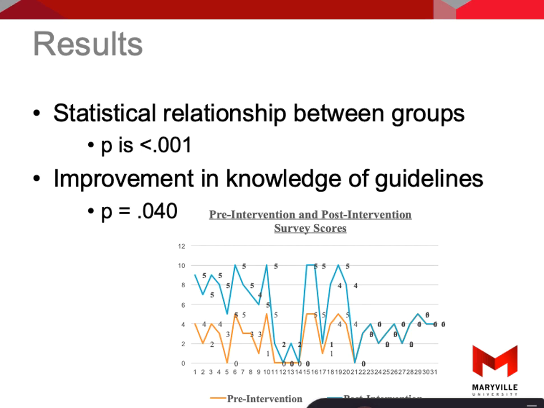Therefore, the results provide support there is a probability a relationship exists between the implementation of a pre and post intervention and an increase in knowledge of the American Academy of Pediatrics Bronchiolitis clinical guidelines amongst the nursing staff. With the highest score of a 5 and the lowest score of a 0, there was an improvement in the scores when comparing the pre and the post-intervention results.